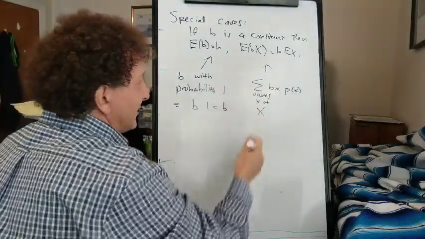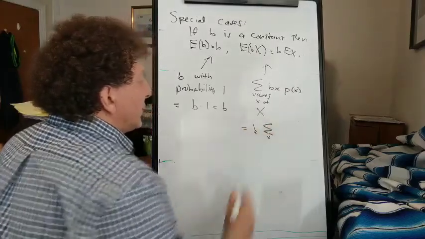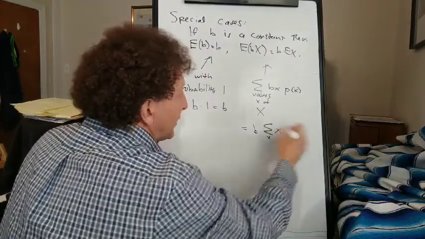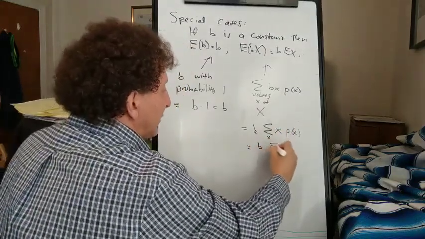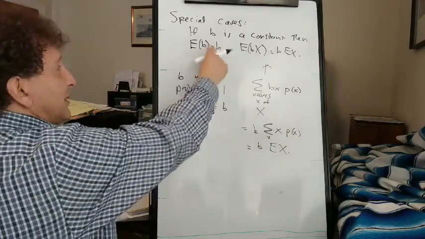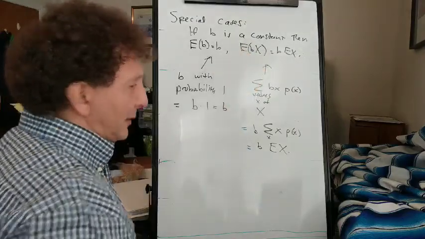Well, b is just a constant, so we can take it out of the sum. So it's a sum over all values little x of x times p of x, but this is just expected value of X. So expected value of a constant is that constant, and we can pull a constant out of expected values.